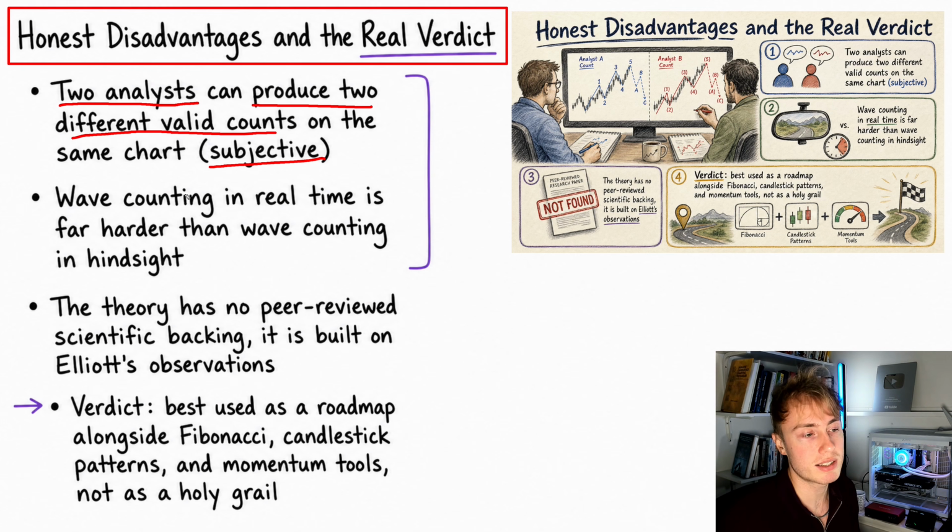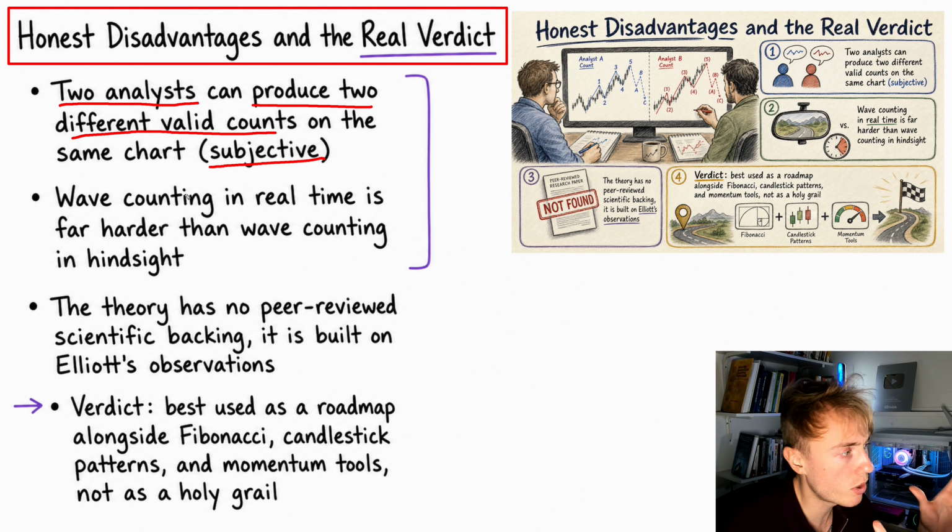And this is, of course, a problem with technical analysis in general. Two traders can look at the exact same chart and find different support and resistance levels as well. So this is more a general problem with technical analysis.